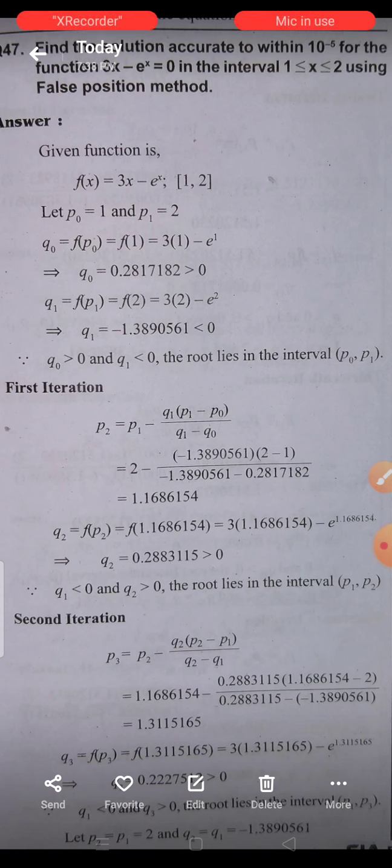After simplifying, we get the value is equal to 0.2227512. This is greater than 0. Since Q1 less than 0 and Q3 greater than 0, therefore the root lies in the interval P1 comma P3. Let P2 is equal to P1 is equal to 2 and Q2 is equal to Q1 is equal to minus 1.3890561.